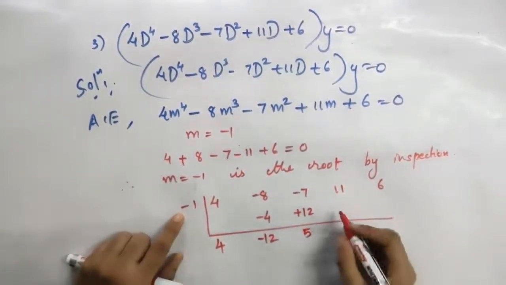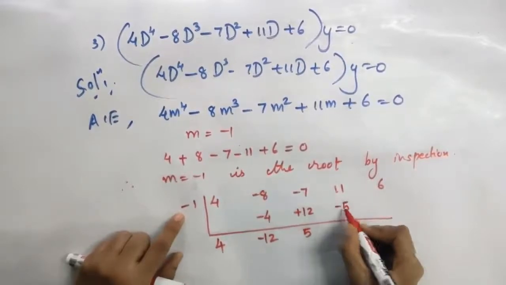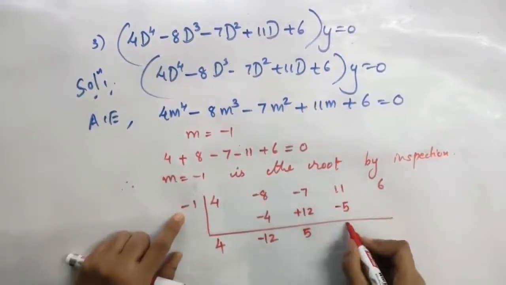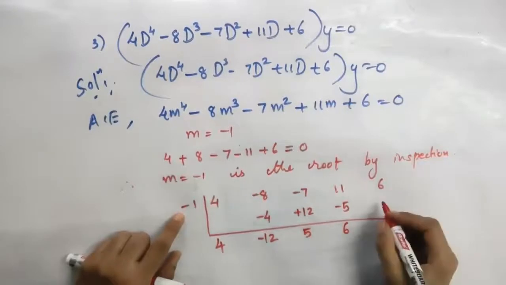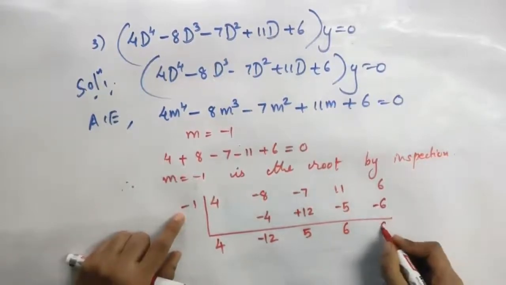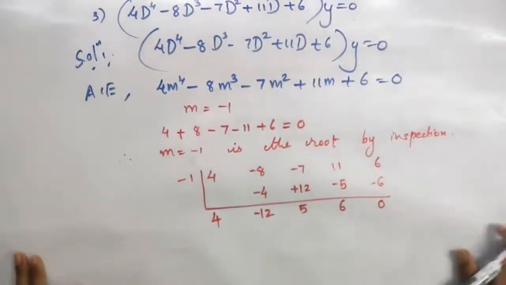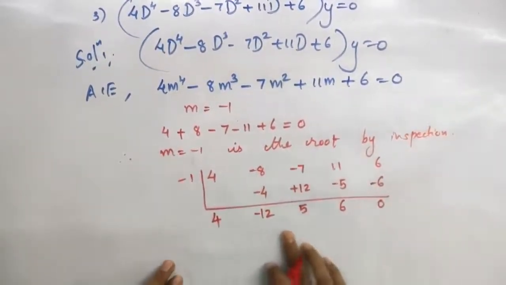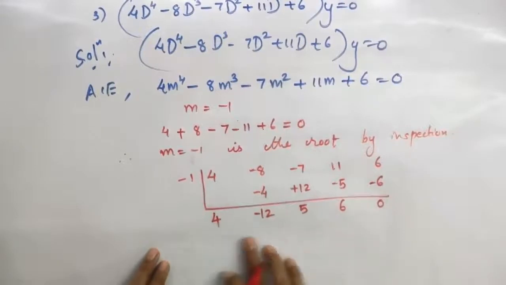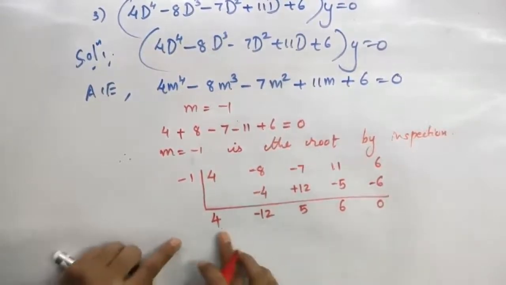Plus 5 into minus 1 is minus 5. Minus 5 plus 11 is plus 6. Plus 6 into minus 1 is minus 6, and adding this you have 0. So you get the coefficients of the new equation, something like this.